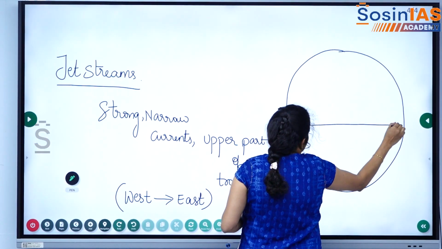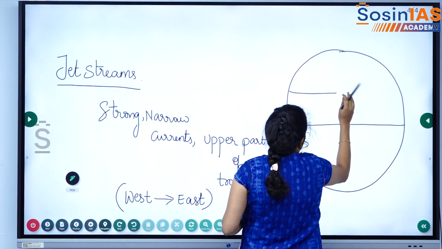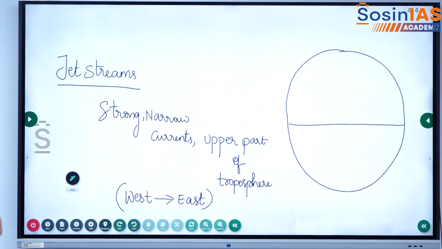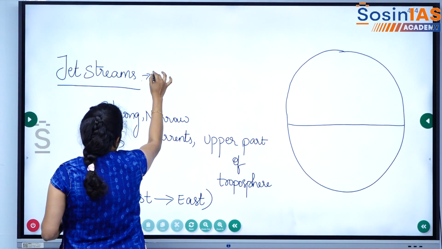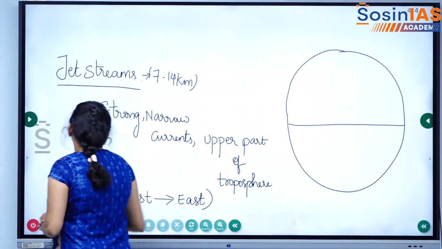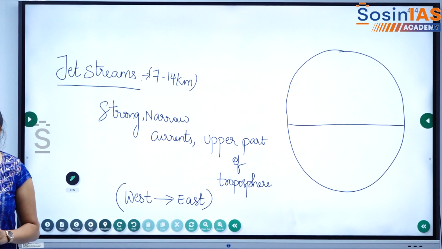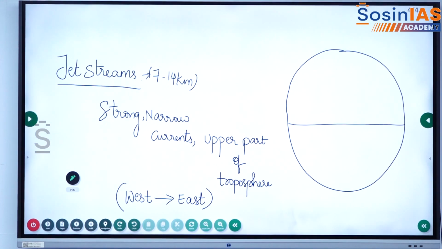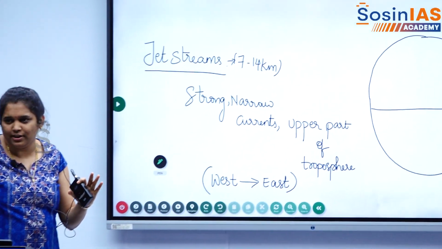They circulate at a height of 7 to 14 kilometers. At times it will reach till 20 kilometers as well. Sorry, I mean it might cross beyond, it cannot cross beyond the tropopause anyway.